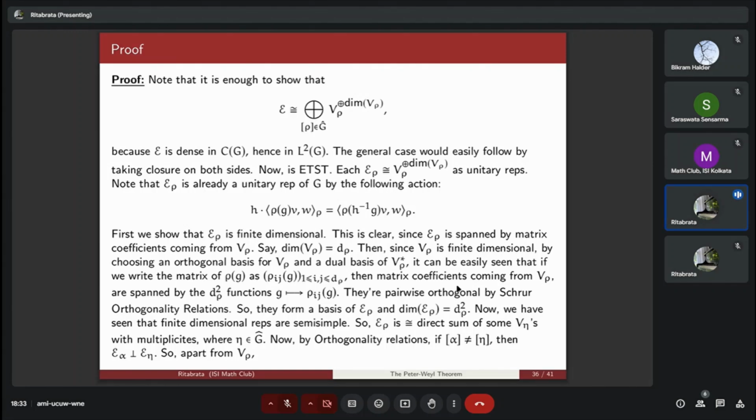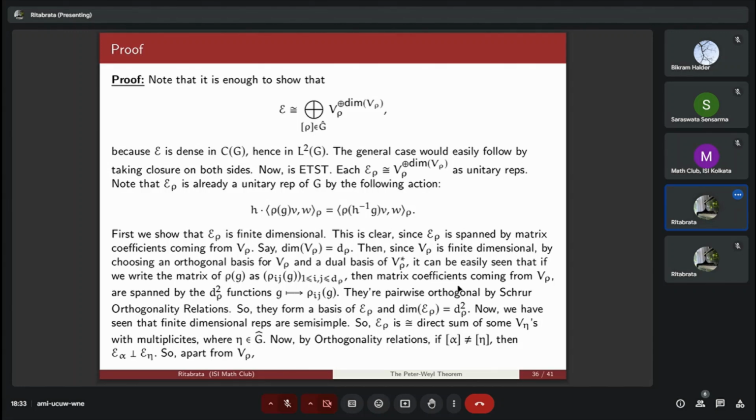By Schur orthogonality relations, if α and η are not equivalent, then η_α and η_η are orthogonal. What I'm trying to say is that η_ρ decomposes as a direct sum of some V_π's, where π varies over some G hat.